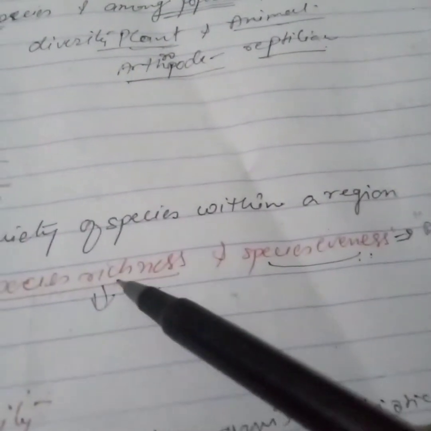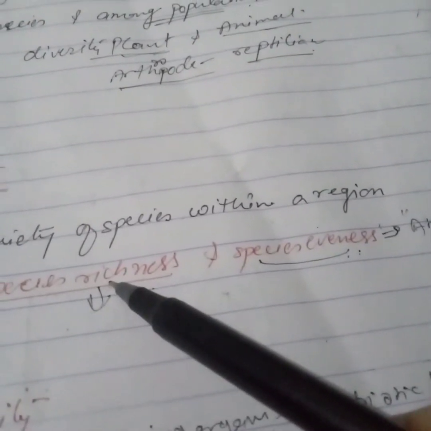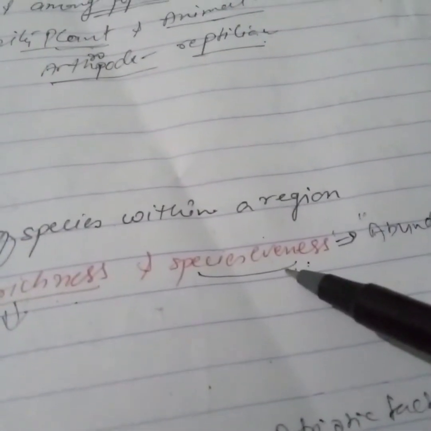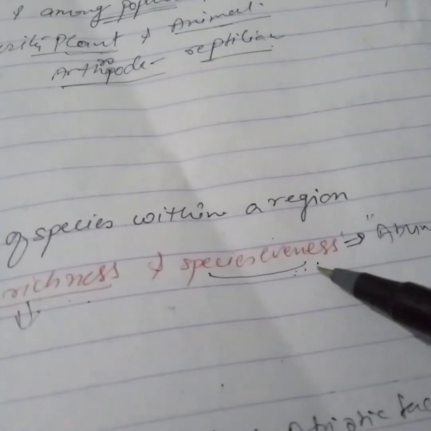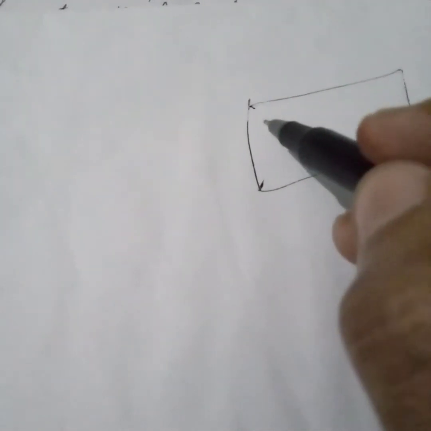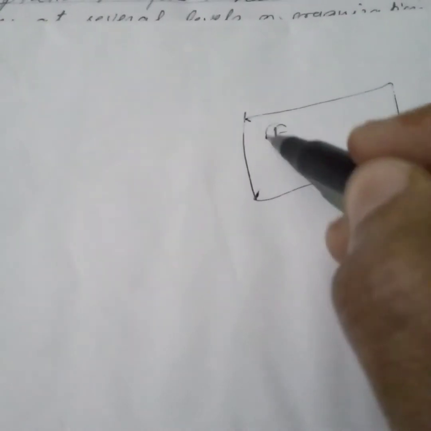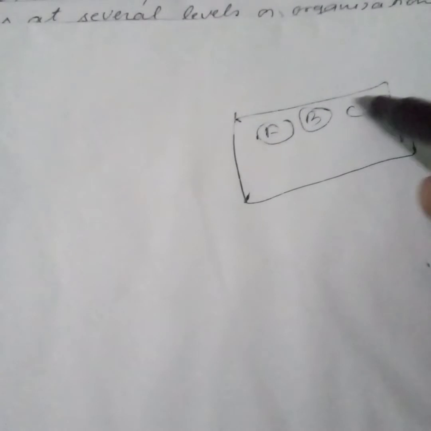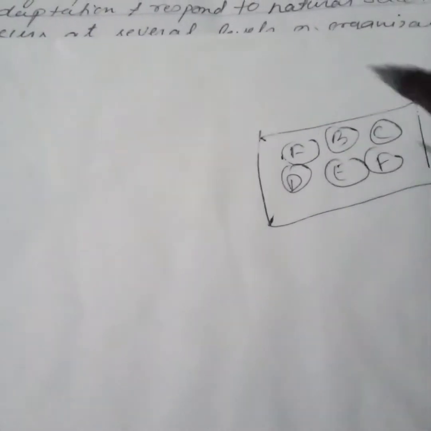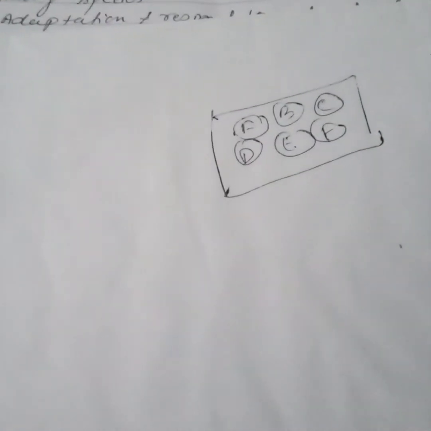Clear? So species richness tells about the different kinds of variety of species, and species evenness tells about the abundance of a particular species in an area. Clear? Now suppose this is an area, and we have in this area 5 different kinds of species: A, B, C, D, E and F. These are different kinds of species, different variety of species.